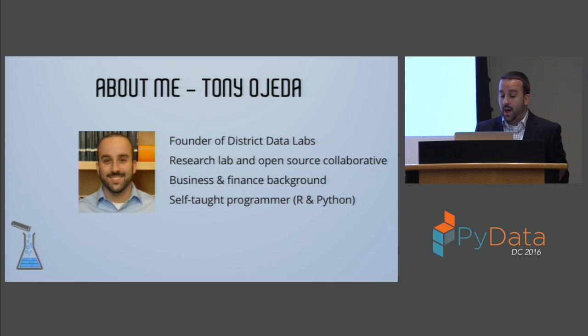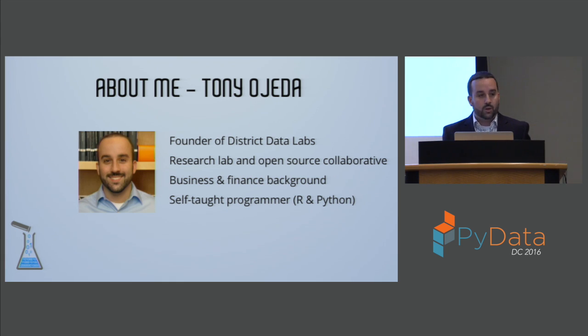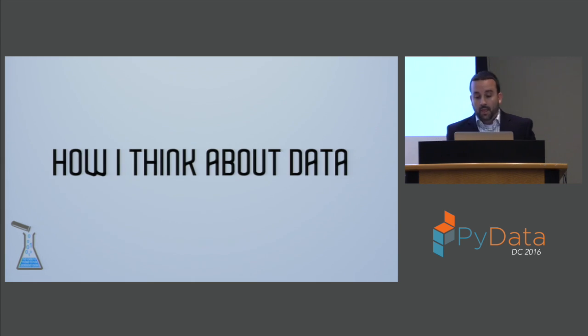But before I do that and jump into the framework, I'd like to provide a little bit more context, talk a little bit about what data is and how I think about it. So data is basically just encoded information, and information is everywhere.